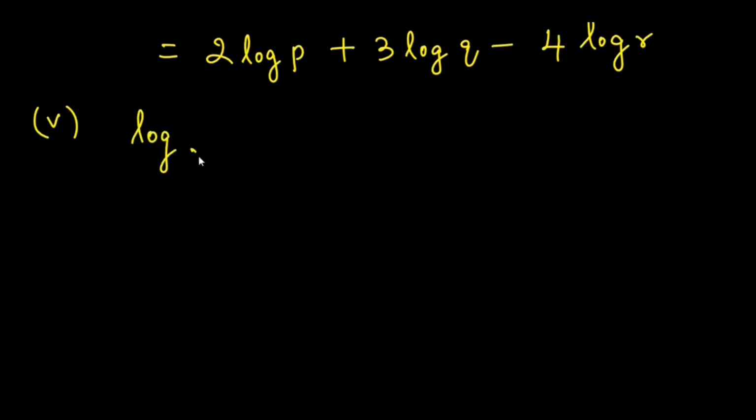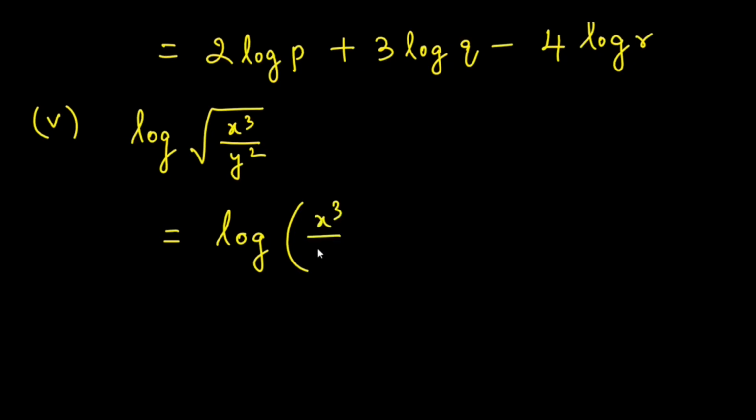Fifth one, log of square root of x cube by y square. We can write this square root as power 1 by 2. So this becomes log of x cube by y square whole power 1 by 2.